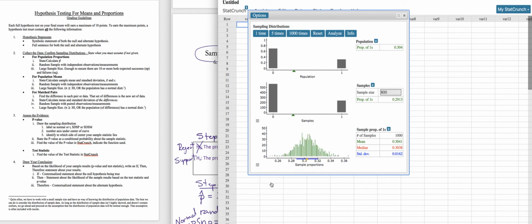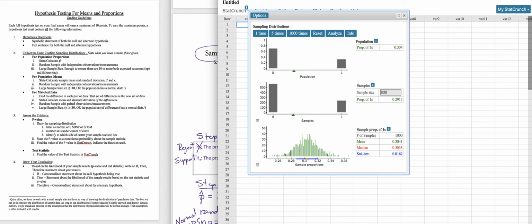I'm going to zoom in on the x-axis. So here's what I want to point out to you. Of course, our target proportion 0.304 is right at the center of that distribution. You can see how close this particular simulation happened to get. And notice 0.26, which was our sample proportion, is so far away from center.